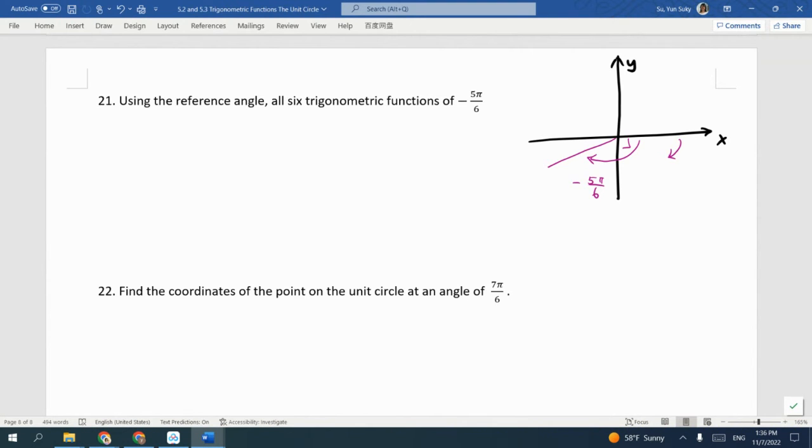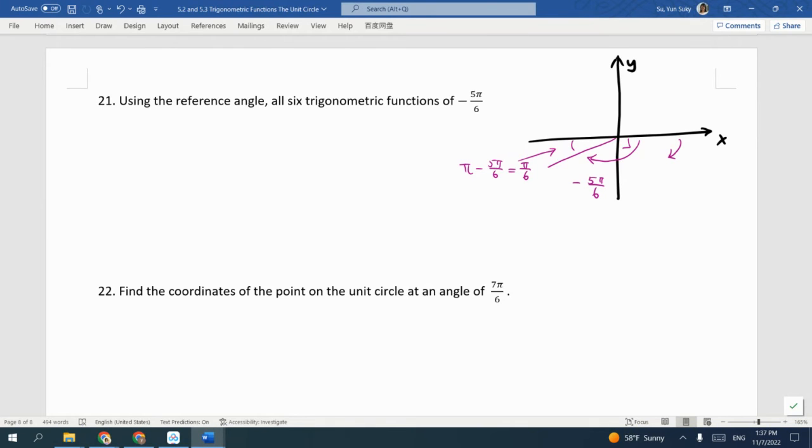And what's this angle? Pi minus 5 pi over 6 is pi over 6. Right, everybody? By the way, negative means we go clockwise, but this angle is 5 pi over 6. That's why this small one and that one are supplementary angles, right?